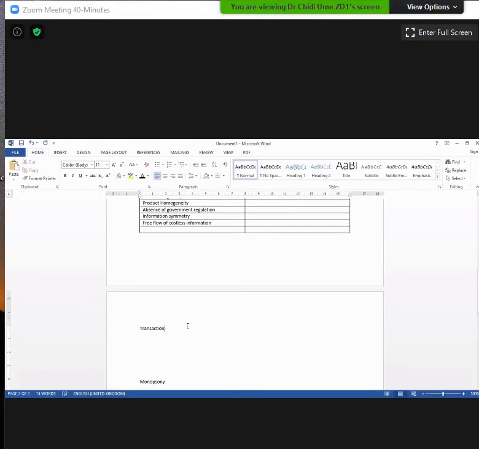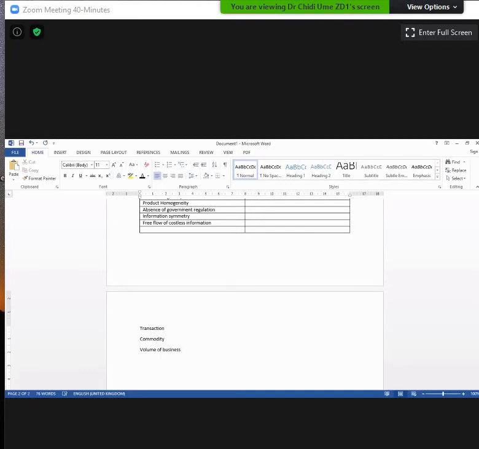Based on transaction, what's the nature of transaction in the market? You can also classify a market based on the commodity that is offered. You can classify a market based on the volume of business.